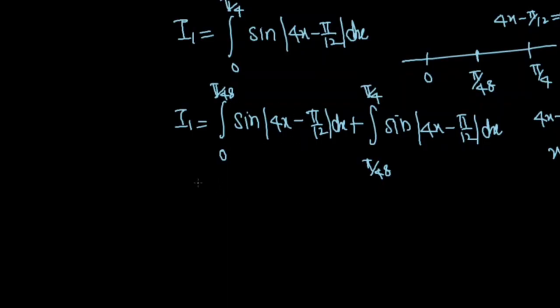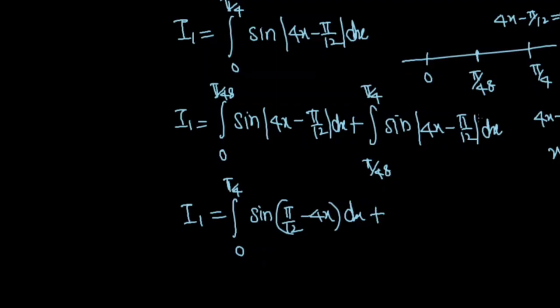So I'll make it open with negative: sine of pi by 12 minus 4x dx, plus, it will open with positive, pi by 48 to pi by 4 sine of 4x minus pi by 12 dx.